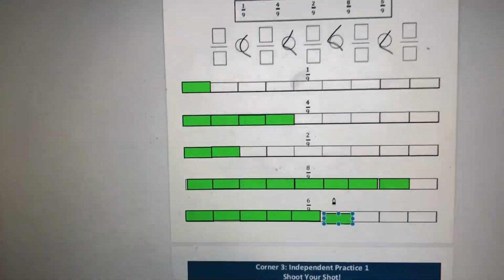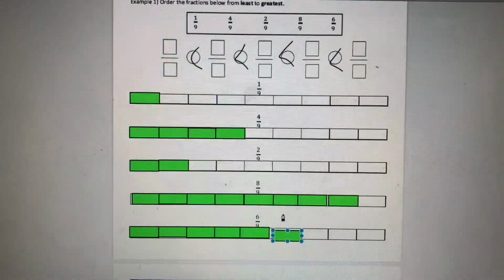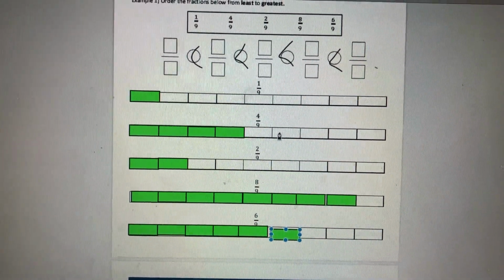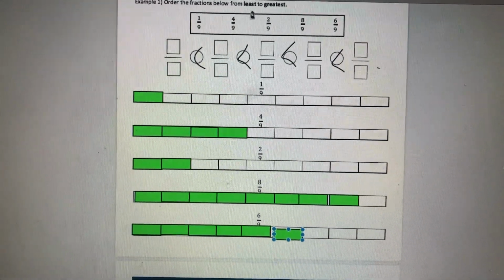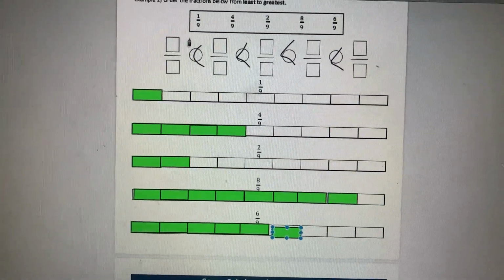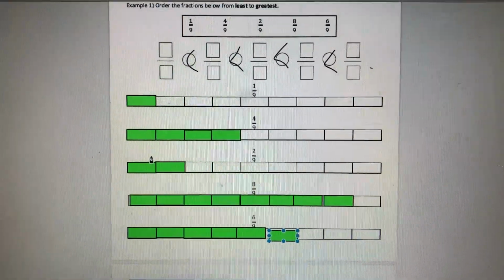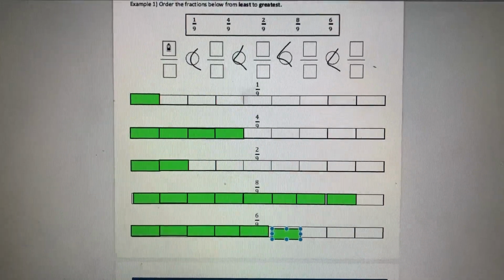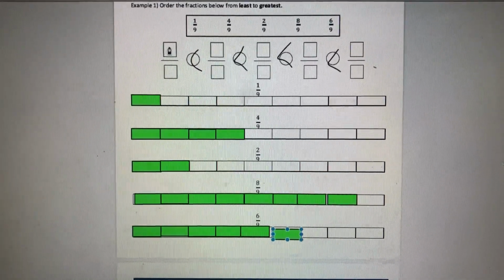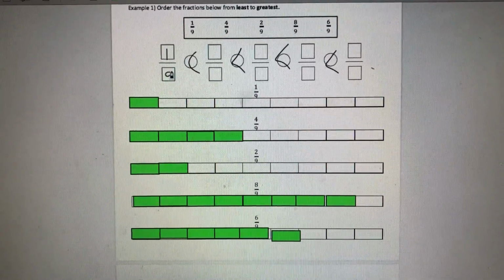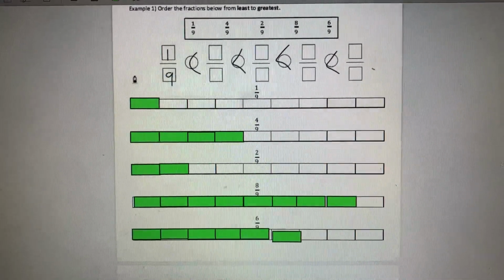If you remember, the larger the numerator, the larger the fraction, and I'm going from least to greatest. So I want to put my smallest fraction first. Looking at all these bar models, I see my smallest fraction is 1/9. So I'll put 1/9 down here.